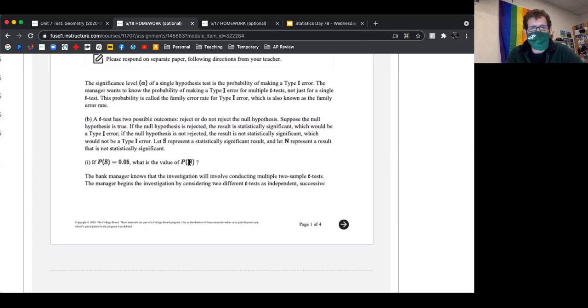So what's the probability that we do not get a statistically significant result? Well, it would just be the complement of a statistically significant result. So that means it's going to be essentially 0.95.